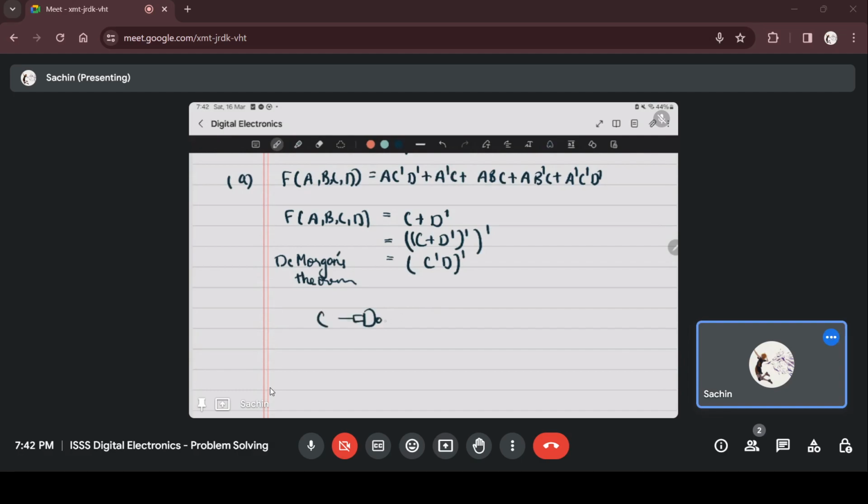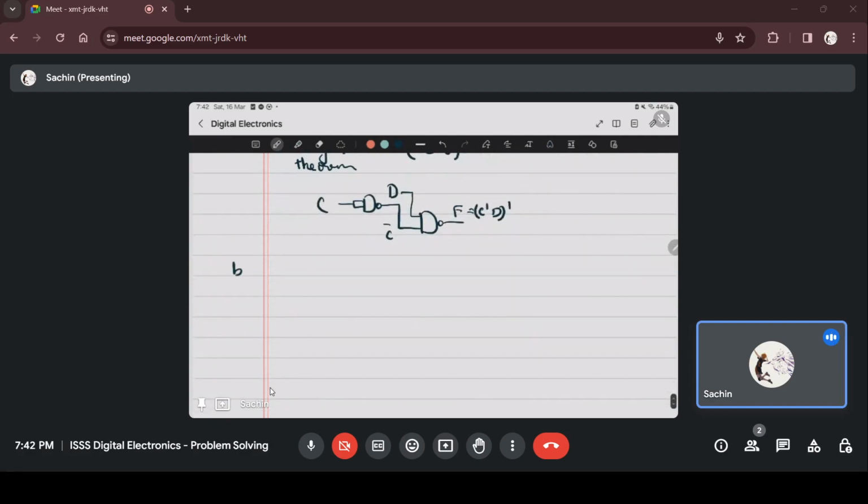You can get C prime using one AND gate and C prime D whole prime. That's the NAND gate implementation.